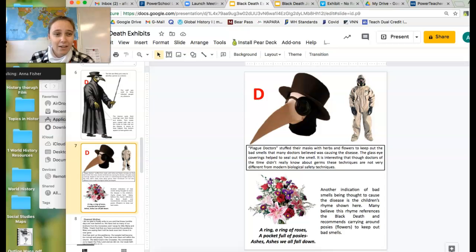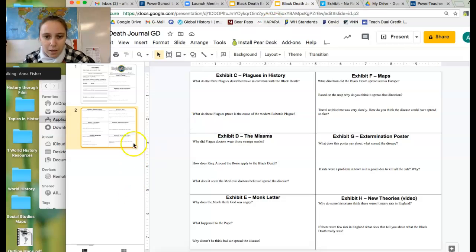The plague doctors statistically got the plague less than non-plague doctors. And they were going into infected people's houses. Now it's being said that it was likely between the goggles, the mask, and the gloves that they didn't get it as much, which is very similar to what we've been hearing about our current pandemic.